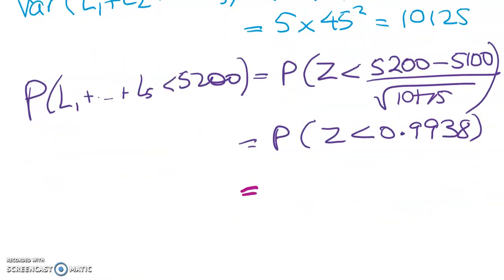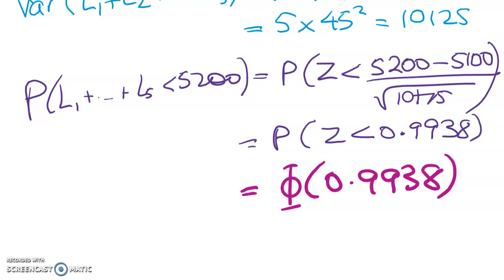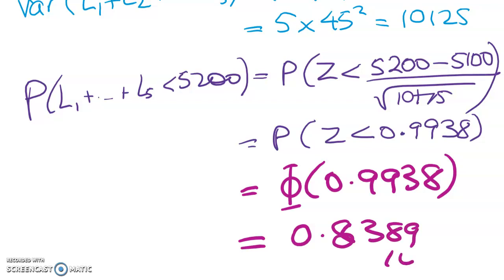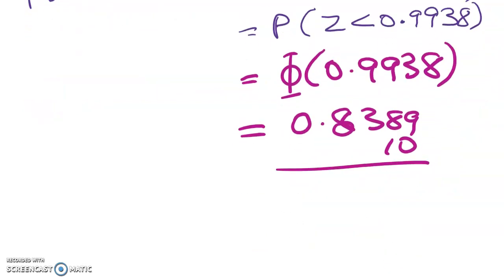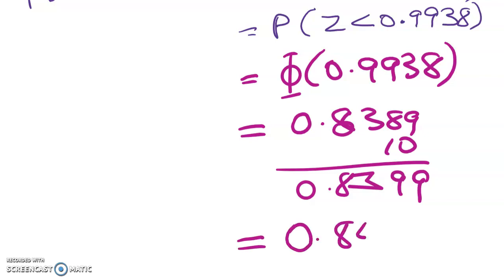So this is equal to phi of 0.9938 or 994, and that's 0.8389. The way I usually do this is just to write the extra points down there, 0.8399. So to 3 significant figures, my answer is 0.840.